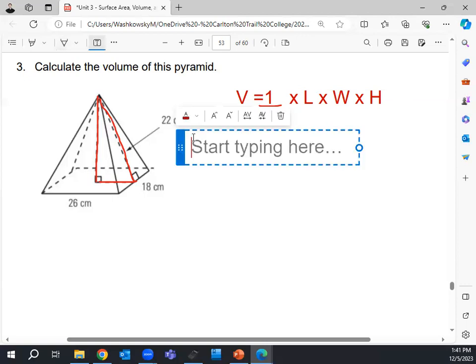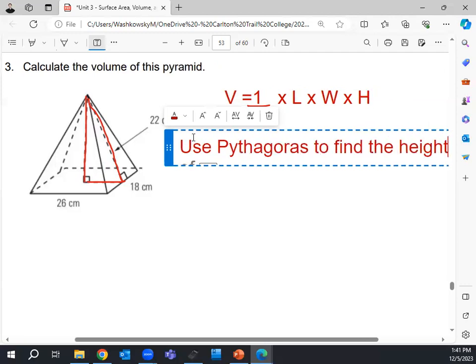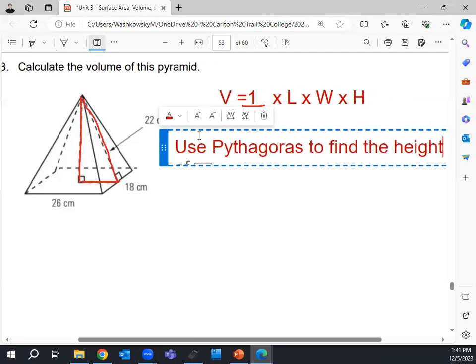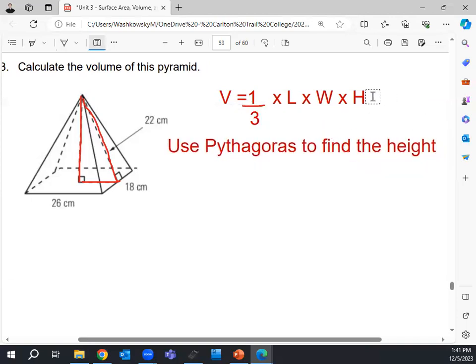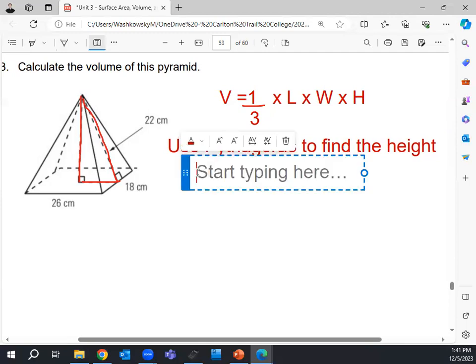So what I need to do is use Pythagoras to find the height. I have the right formula, but I don't have the right numbers. If you put 22 instead of h here, it would technically be the wrong number. So how do I do Pythagoras again? It's a squared plus b squared equals c squared.